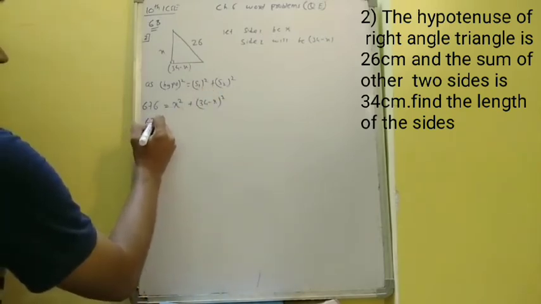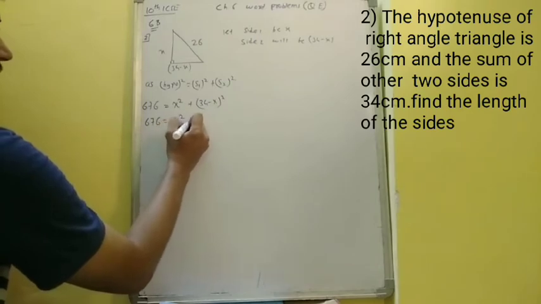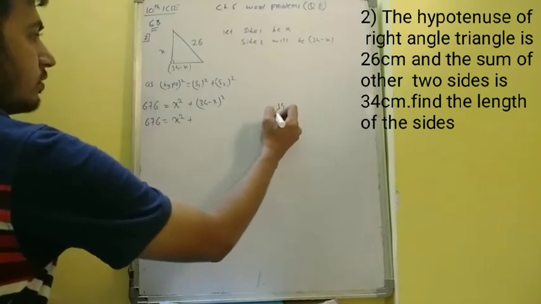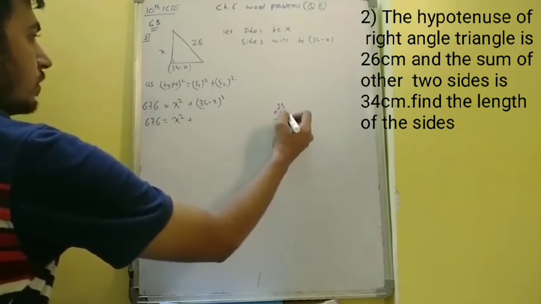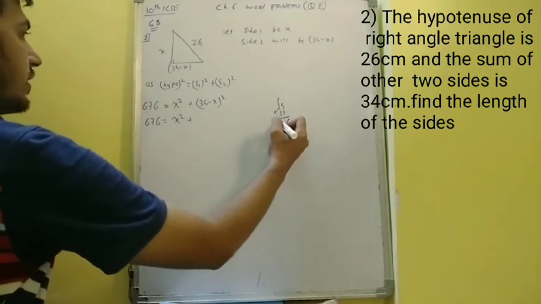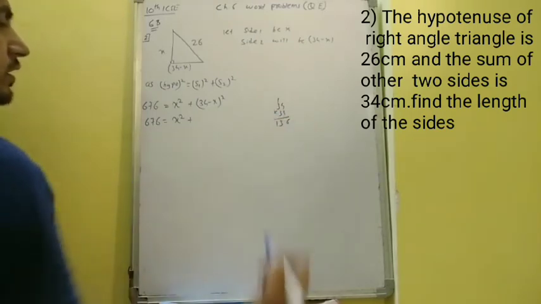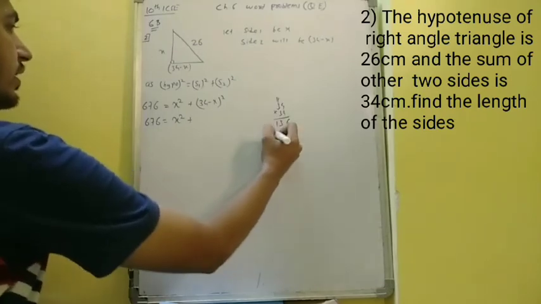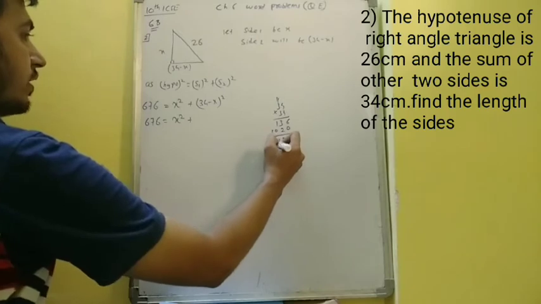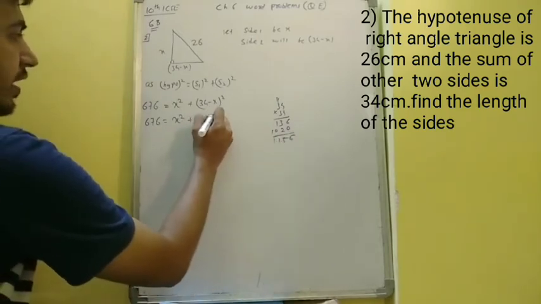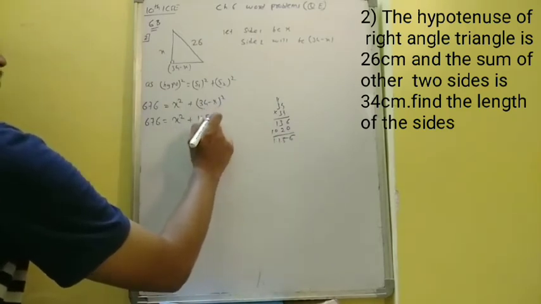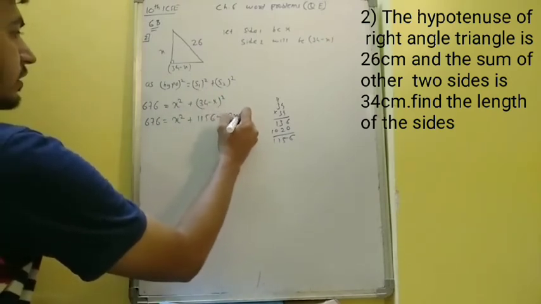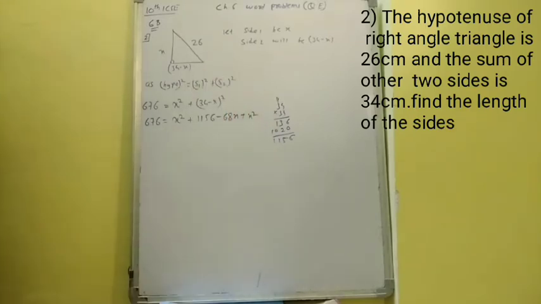So 676 as it is, x square as it is, and a minus b the whole square, so a square, 34 square, 34 into 34, which is 1156, minus 2ab, 68x, plus x square.